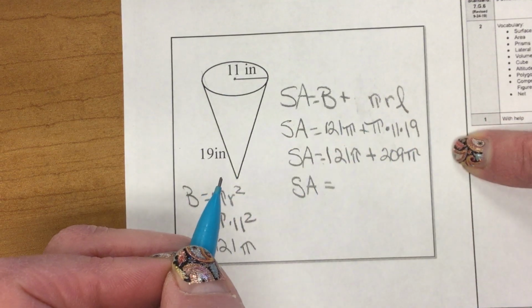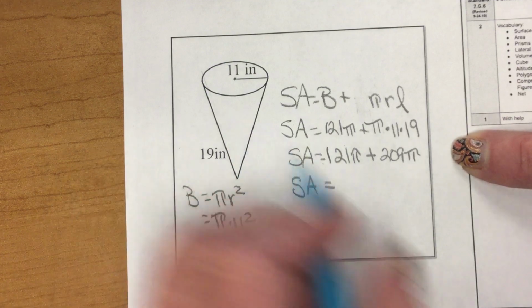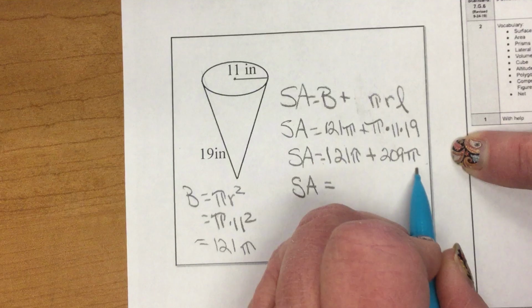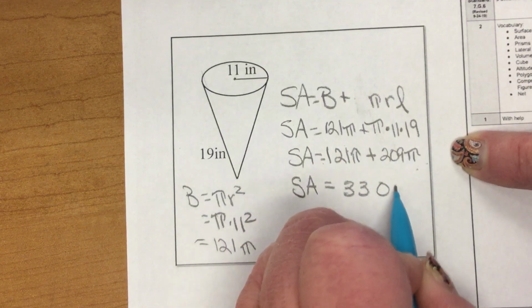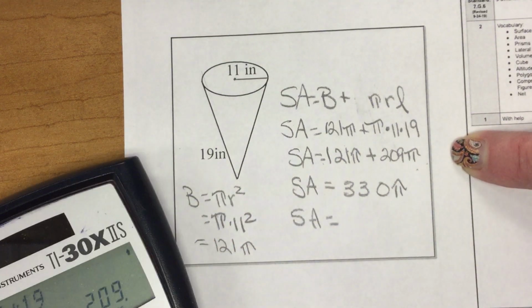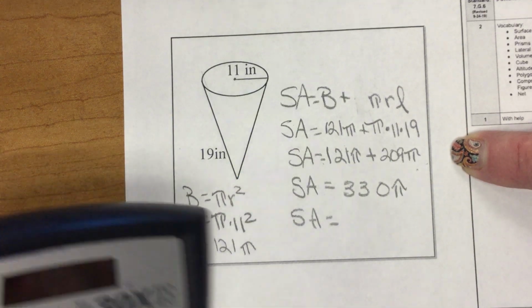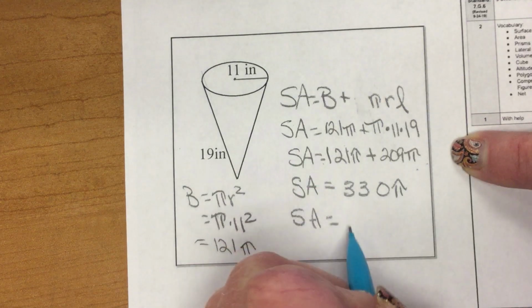What I learned from that is double check your formula. 1 capital B plus pi RL. So I get 121 and 209, 330 pi. I punch that in my calculator, 330 pi, and I get 1,036.7.